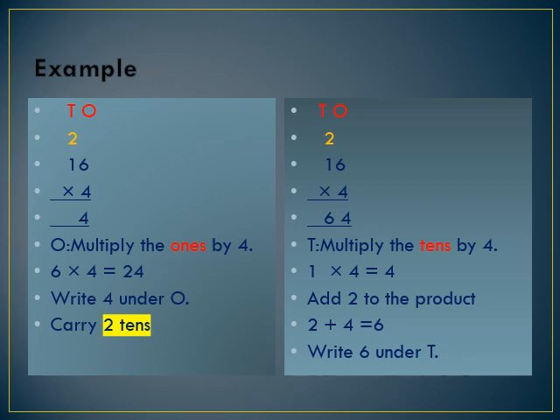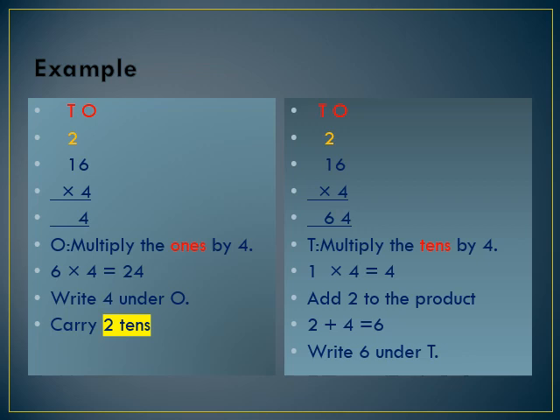So first we multiply the ones by 4. That is 6 into 4 is equal to 24. So we write 4 under ones and carry 2 tens.